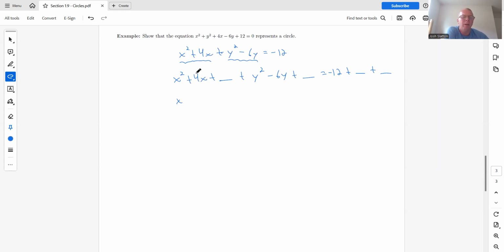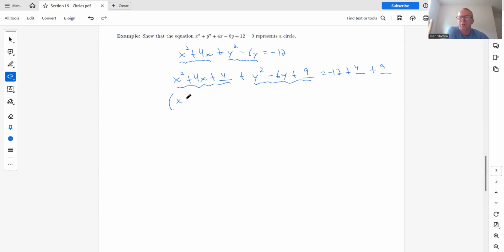So divide this one by 2 and then square it. So 4 divided by 2 is 2, 2 squared is 4. Divide that one by 2 and then square it. So -6 divided by 2 is -3, and then -3 squared would be 9. And then we're going to put the 4 and the 9 over here. Now we can factor this.